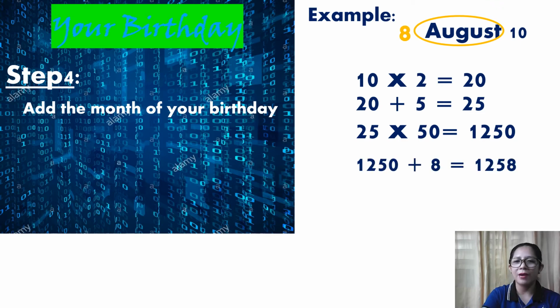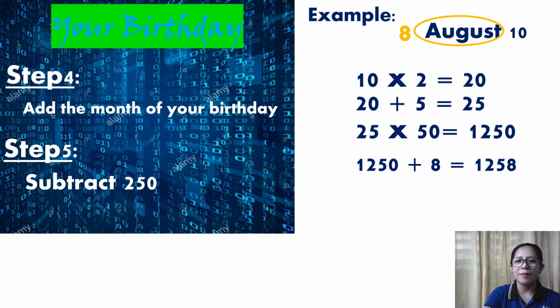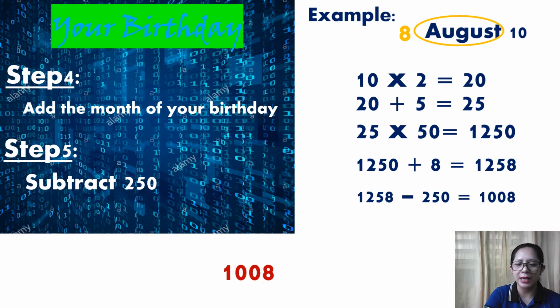We'll have there 1,250 plus 8. So we have 1,258. Then our last step is to subtract 1,258 minus 250. So our final result is 1,008.